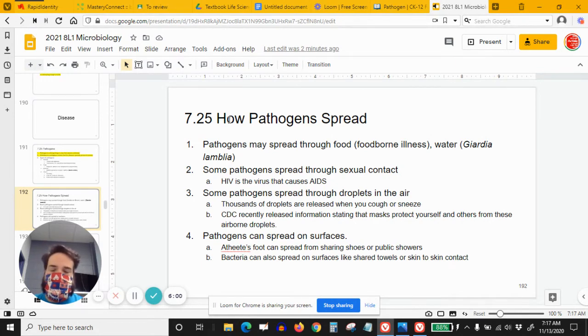HIV stands for human immunodeficiency virus, and AIDS stands for acquired immunodeficiency syndrome. Okay, so it's a virus that attacks the immune system. And in North Carolina, I believe, still in health classes, the number one prescribed way of preventing the transmission of AIDS is not to have sexual contact.